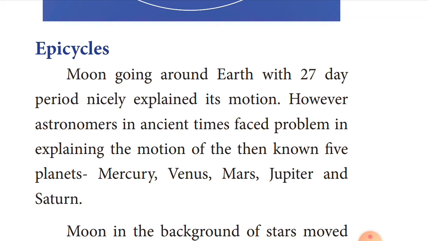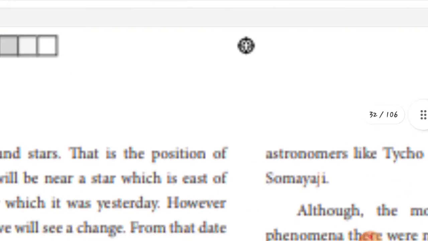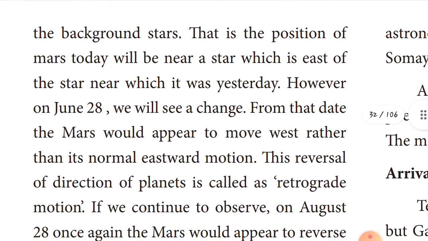It will appear to move eastwards. See here, children, that is the position of Mars. Today it will appear near a star which is east of where it was yesterday. However, by June 28th it will change its position again, and from that date Mars appears to move westwards. It will be changing its position also.